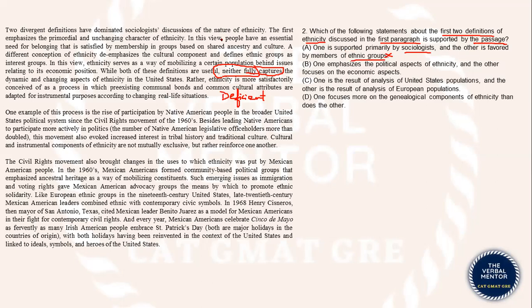Wrong. Both of them are supported by sociologists. They are dominant definitions. Option B, one emphasizes the political aspects of ethnicity, and the other focuses on the economic aspects. Well, one focuses not on the political aspects, but the cultural aspects of ethnicity, the ancestral aspects of it. So this is wrong.